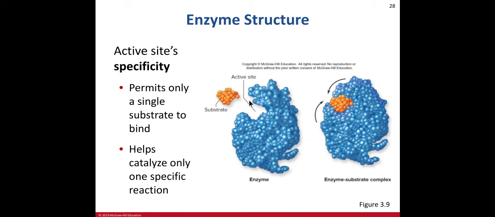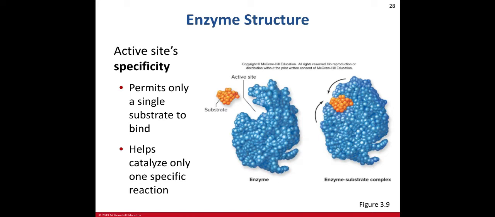We've got this active site on our globular protein. That active site is only going to let a certain type of substrate bind to it. So each chemical reaction that requires an enzyme is going to require a specific enzyme for that reaction. It's not a one size fits all.